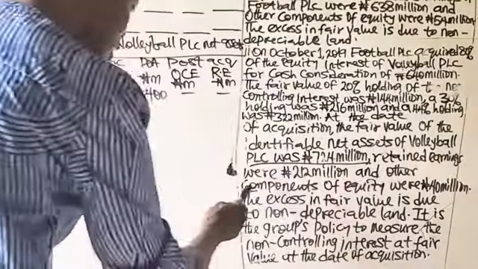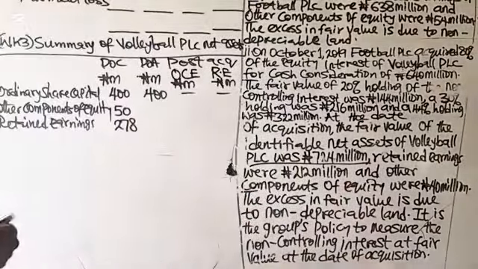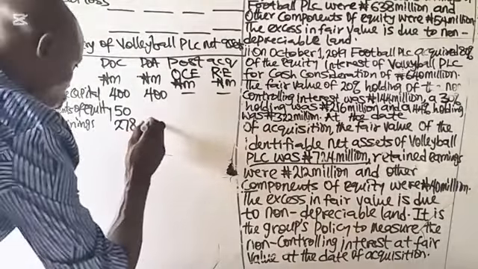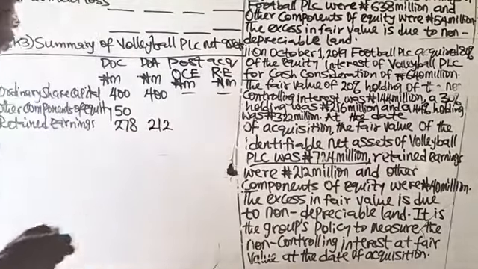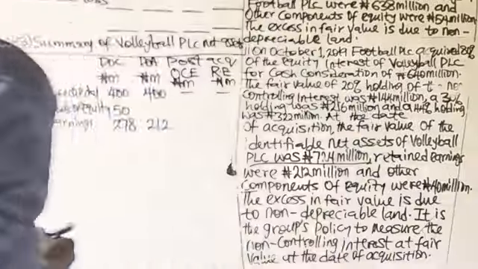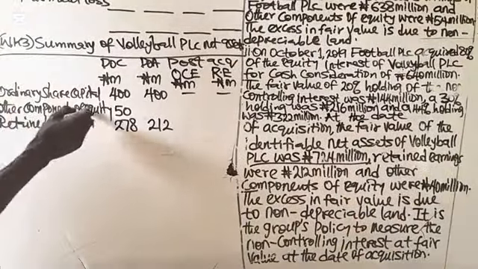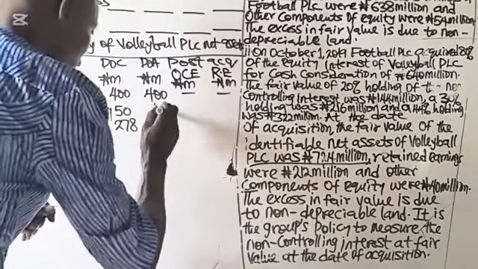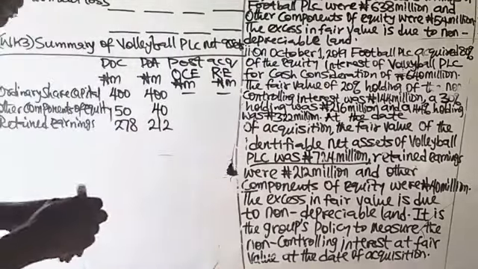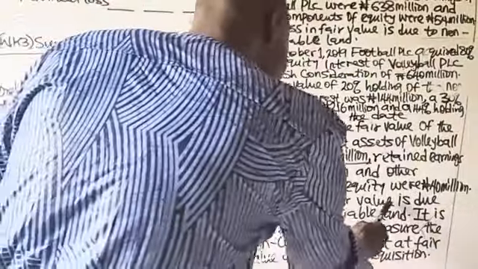Retained earnings at the date of acquisition were 212 million, and other components of equity were 40 million. So now let's read further. The excess in fair value is due to non-depreciable land.